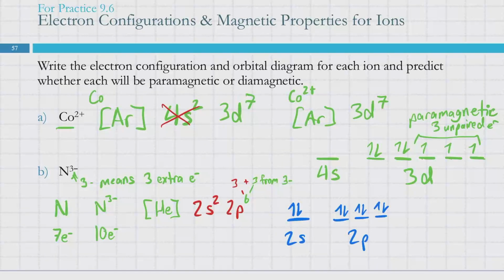You could also know that we've got a full outer shell because we have the same number of electrons as neon, and neon has a complete outer shell, complete n=2 shell. Now that we've got our orbital diagram, is this paramagnetic or is it diamagnetic? It is diamagnetic. All of the electrons are paired.